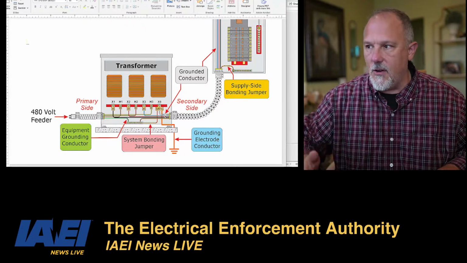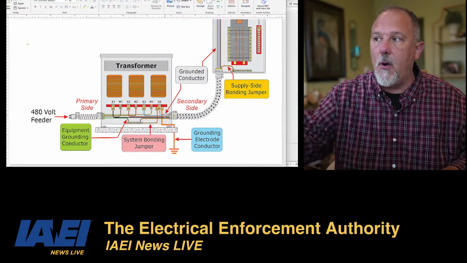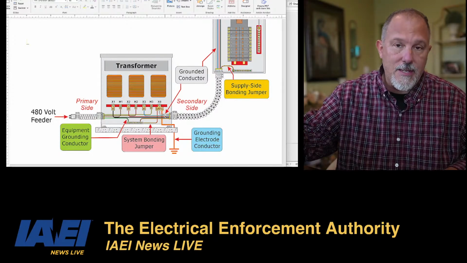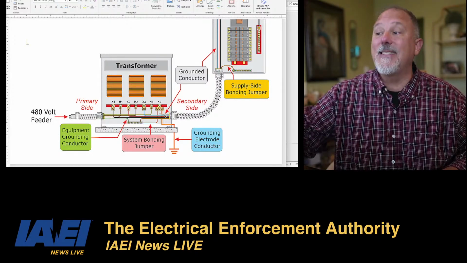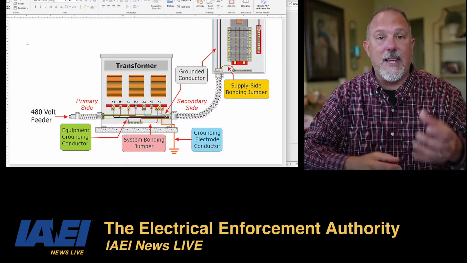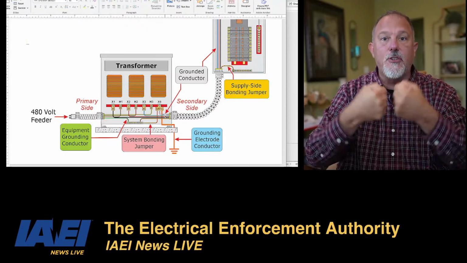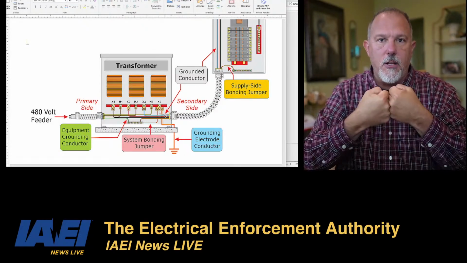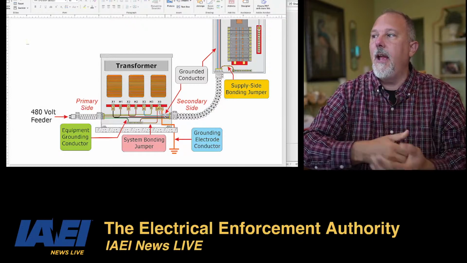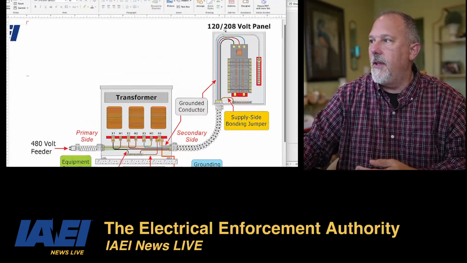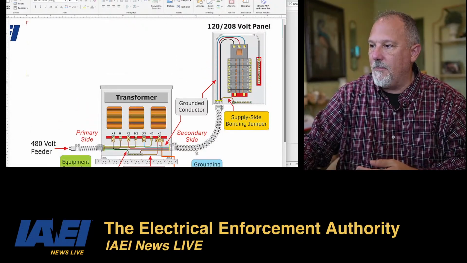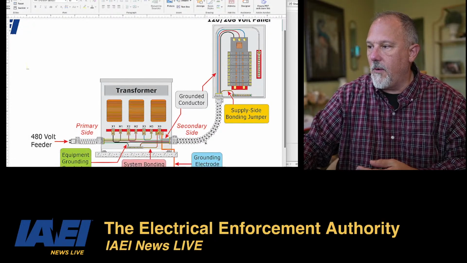Separately derived versus non-separately derived. The moment you bond, in this case in a transformer, that's a separately derived system. You're taking your neutral, your equipment grounding conductor and your grounding electrode conductor, all of those, and bonding them all together, and then going down to the panel board. You have a supply side bonding jumper where you're running a conductor.